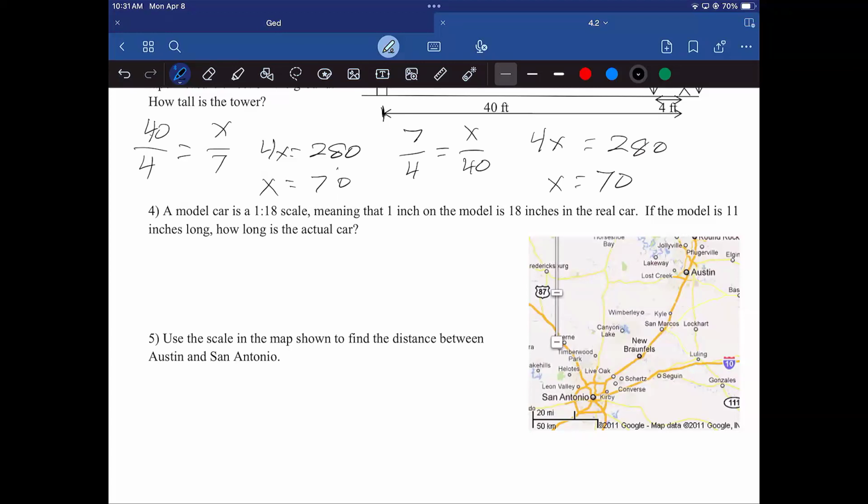If the model is 11 inches long, how long is the car? 1 is to 18 the same as 11 is to some unknown. And so from that, we get 18 times 11. So 1 times x gives me x. 18 times 11 is 198 inches.